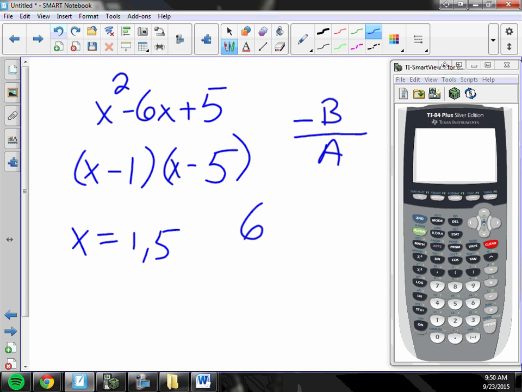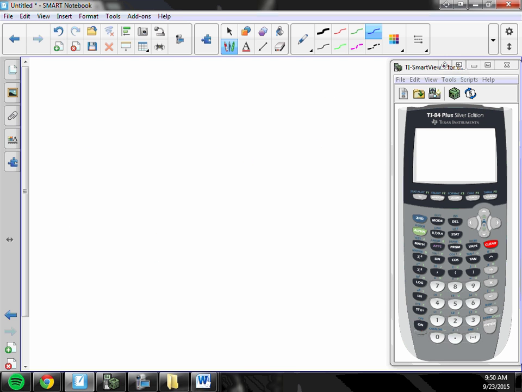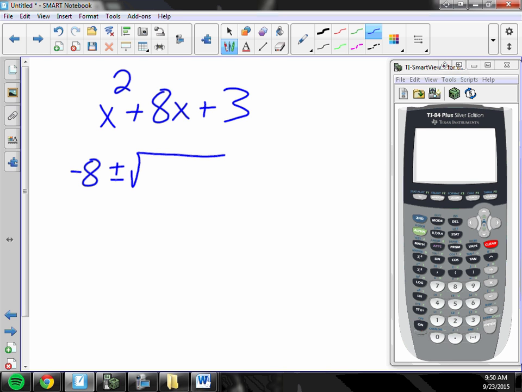And even if the answers are terribly disastrous radicals, it's still going to work. So if I had something like x squared plus 8x plus 3, that has imaginary roots, I think. Well, let's find out. So negative b plus or minus the square root of b squared, so 64 minus 4 times a times c. Oh, it's not imaginary, but it'll still work. So minus 12 over 2. 64 minus 12 is 52.